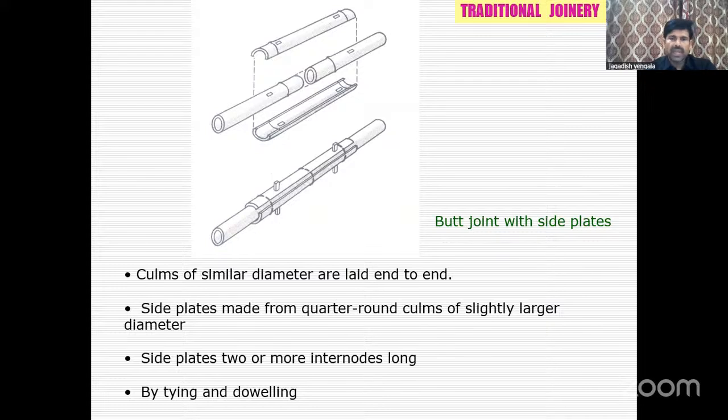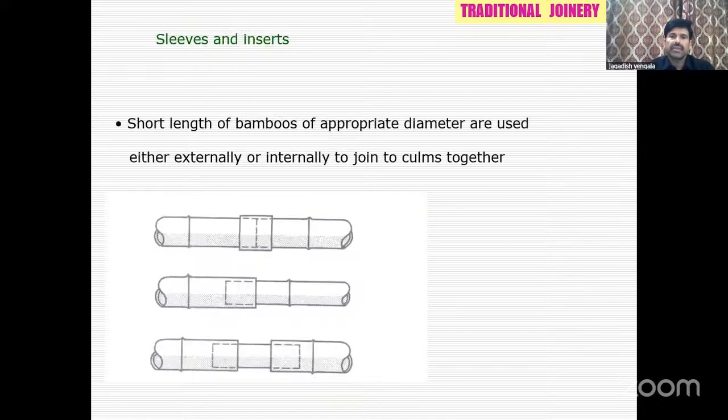So again, you place it on one another, and these side plates are typically 2 or more internodes long. We place it, and then we do the tying, and doweling is common. Timber doweling and tying using jute rope or whatever. This is another method, called butt joint with side plates.